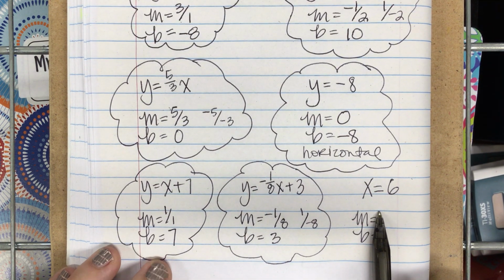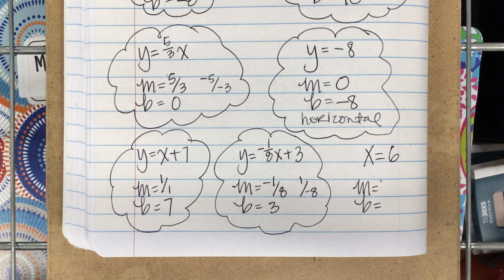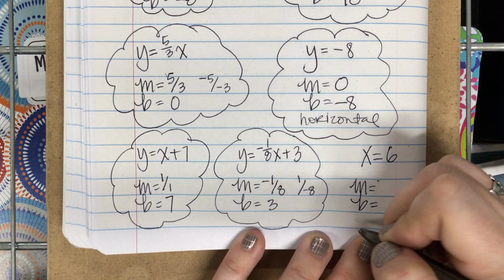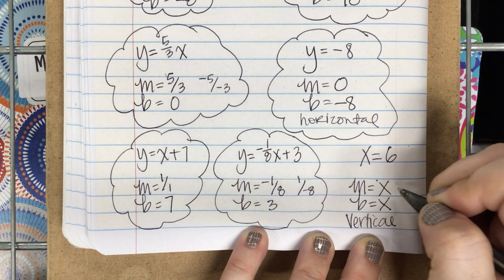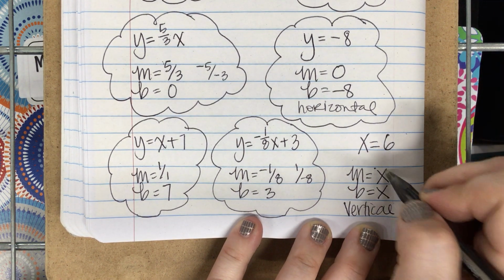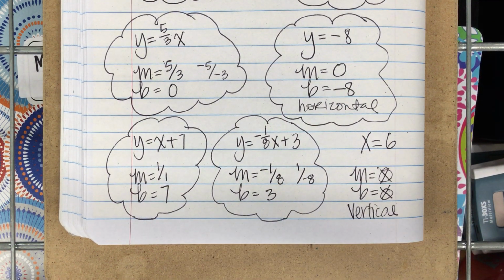This one does not start with y equals. So what kind of line do you think does not have a slope? A vertical line. It does not have a y-intercept or a slope because it's vertical. If it's x equals, that's a vertical line. Y equals, you're going to be able to figure out the slope. But x equals, you cannot figure out your slope.